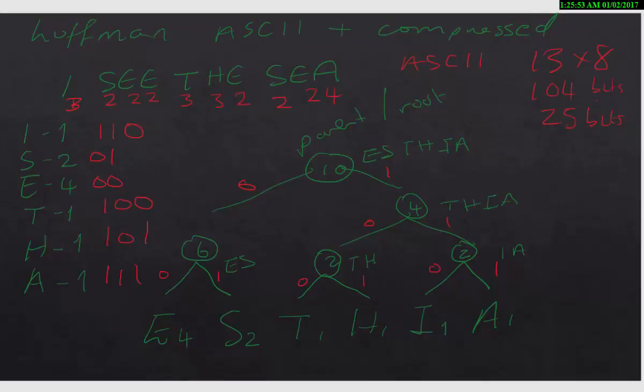So that's compression for "I see the C" using Huffman coding, in comparison to the ASCII representation. You might want to show the ASCII representation for it. That'll make it a lot better as an answer. So remember the rules: write down a sentence that has plenty of frequently occurring letters. Write down the table of all the letters. Make sure they match up so you can see that there are, say, 1, 2, 3, 4, 5, 6, 7, 8, 9, 10, 11, 12, 13.